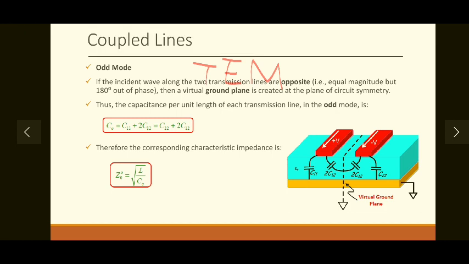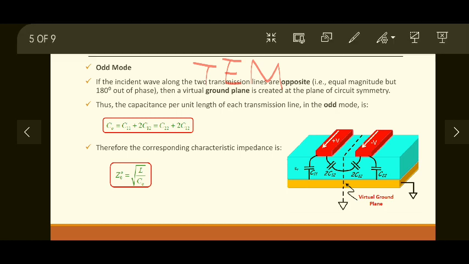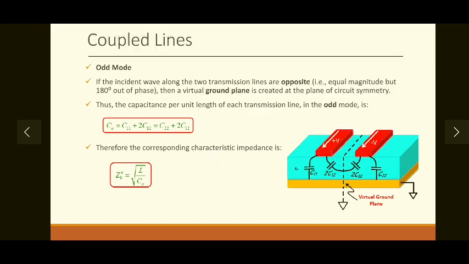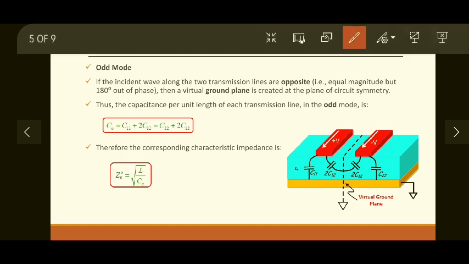So what is odd mode and what is even mode? Let's see. When do we see the odd mode of the TEM and when do we see the even mode of the TEM? If the incident waves along the two transmission lines are opposite, that means the magnitudes of the two are equal, but their phase is 180 degrees out of phase, then a virtual ground plane exists at the plane of circuit symmetry, as you can see here in this diagram.